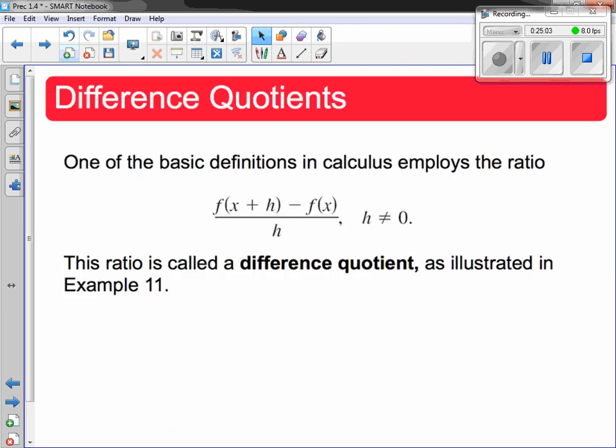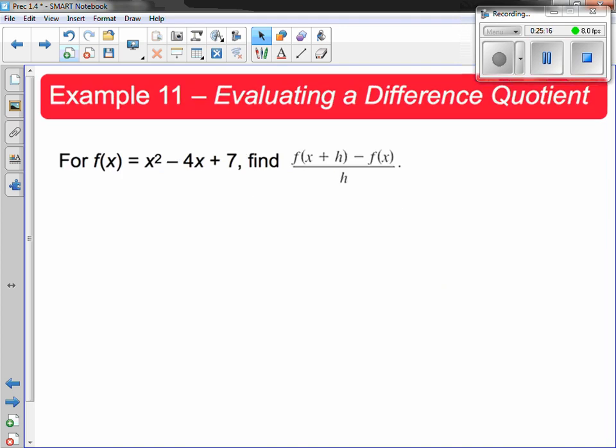Difference quotient. Okay, this is something we will look at. This is calculus based. The difference quotient, one of the basic calculus employed, is this ratio here. It's called the difference quotient, as illustrated in example 11. Now, what we do to find the difference quotient or evaluate it is we're plugging it in here.